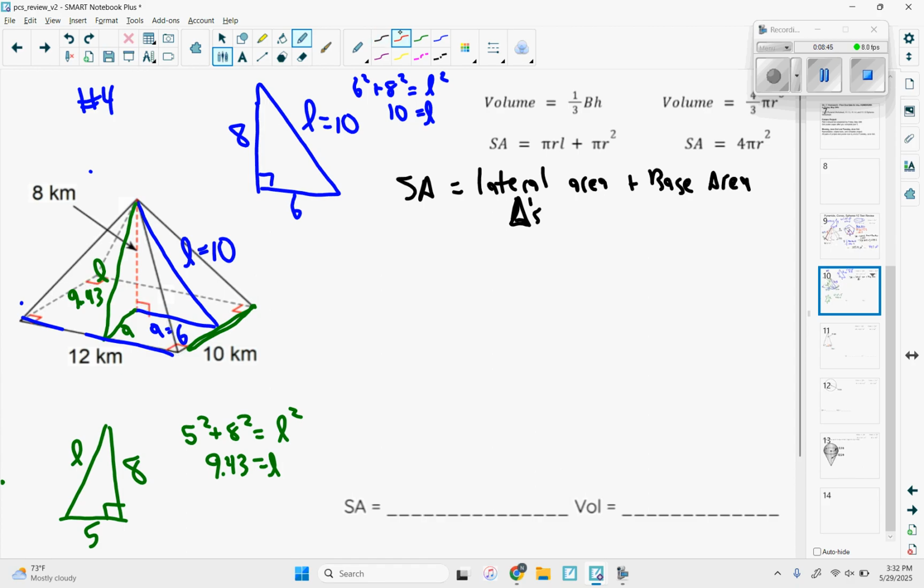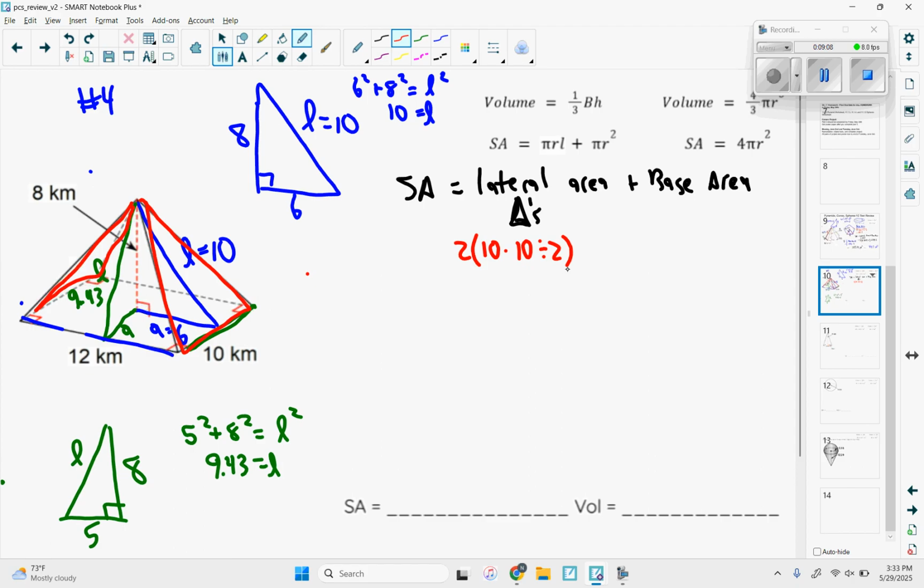Now, you'll notice we have 2 triangles that are the same, the ones I just traced in red. There's 2 of them, they have a base of 10 and a slant height of 10.